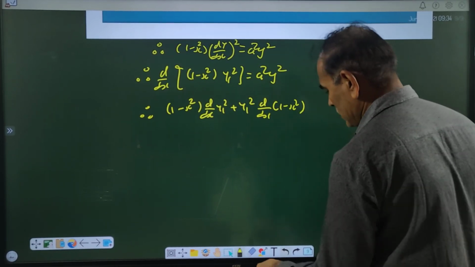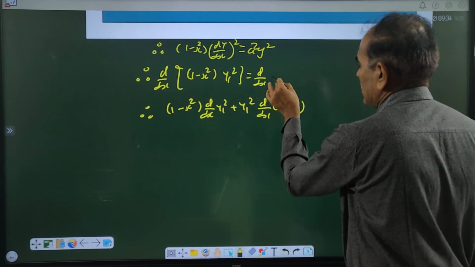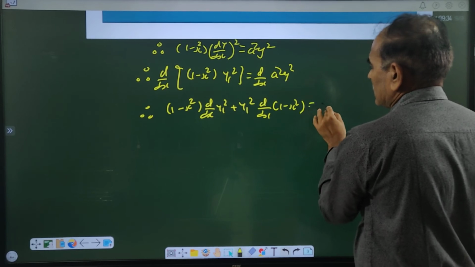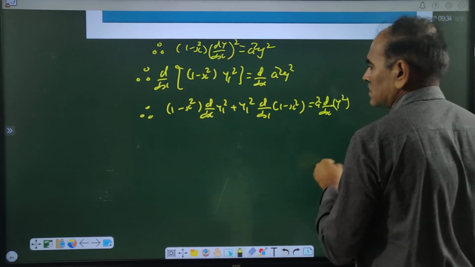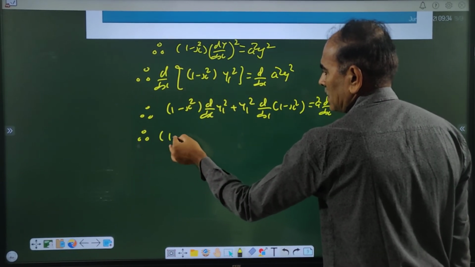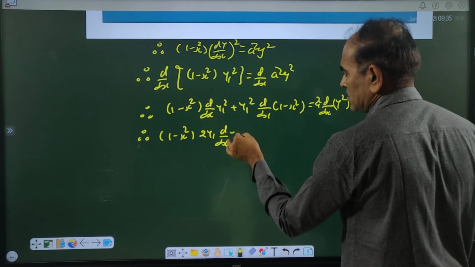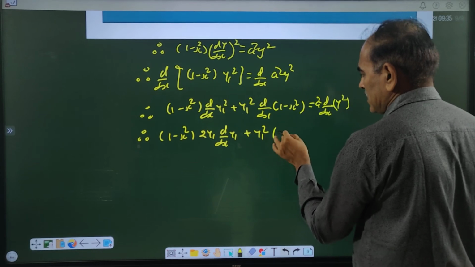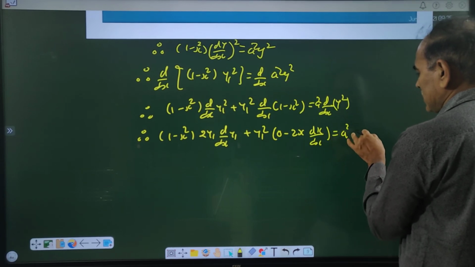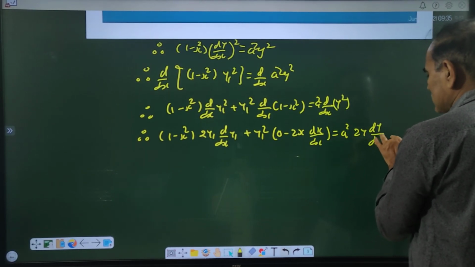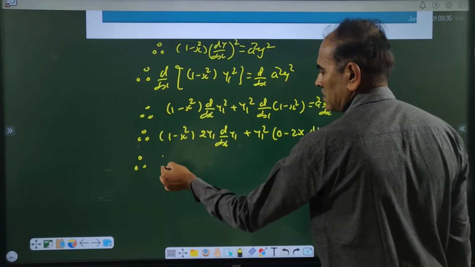Here also we will write d by dx of a square y square, which is a square common, d by dx of y square. So what do we get here? 1 minus x square into (y1) square, 2 times y1 into d by dx of y1. d by dx of 1 minus x square is minus 2x. The derivative of a constant is 0. On the right, a square into 2 times y d by dx of y. Okay. So what do we get here?